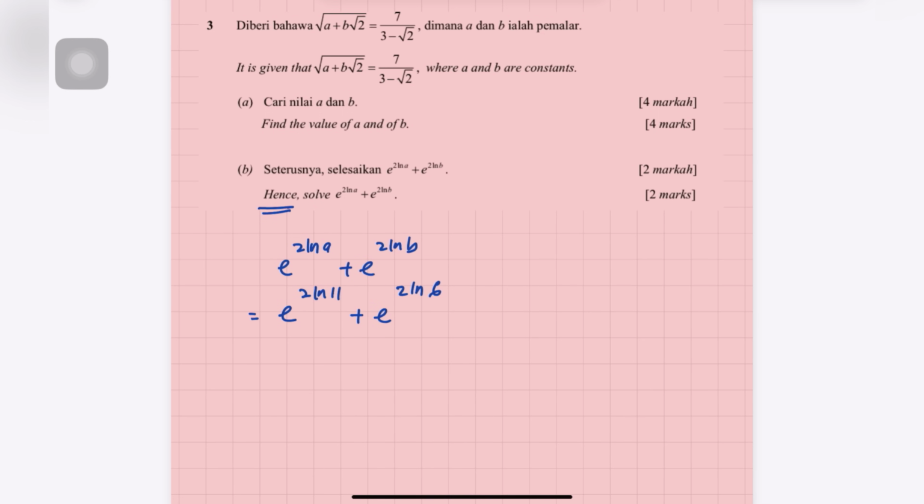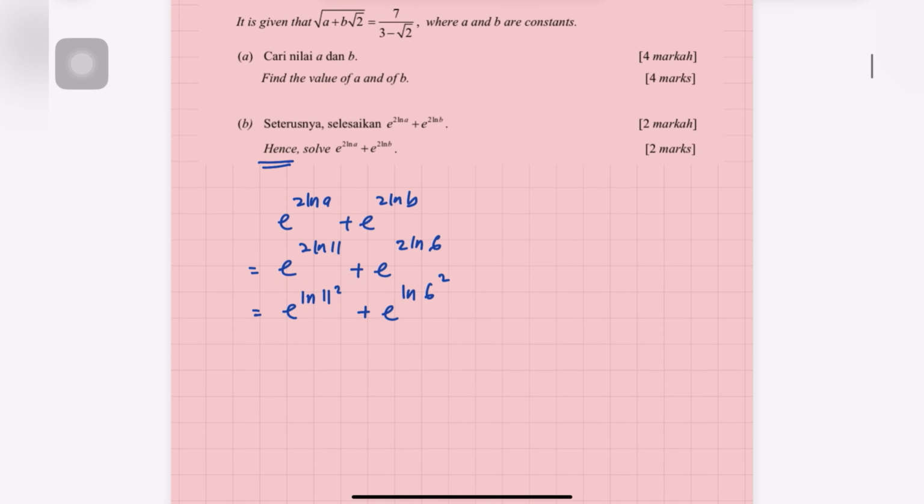Okay, so by using laws of logarithm, e power of ln 11 squared, e power of ln 6 squared. So the e and ln cancel out, so this one is 11 squared plus 6 squared. So this one equals 157.